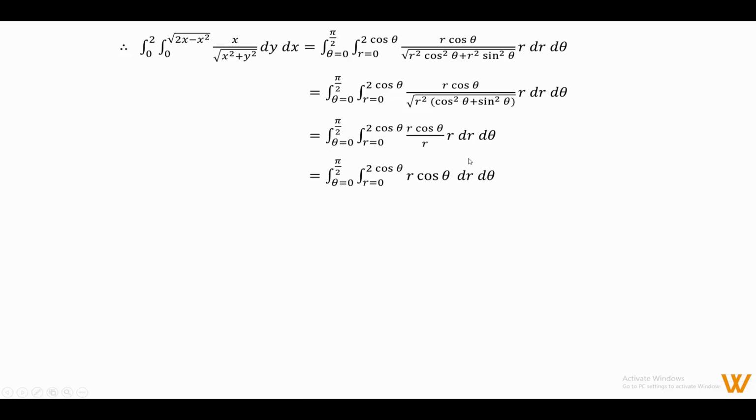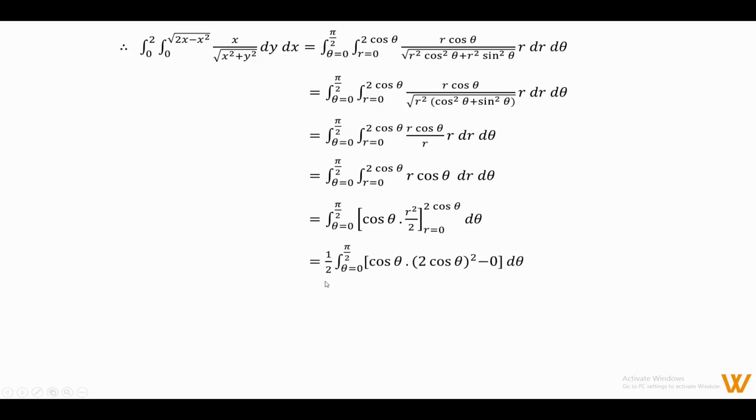Now first integrate with respect to r. In this integration cos θ is a constant. The integration of r dr is r²/2. So r varies from 0 to 2 cos θ, dθ, equal to 1/2.